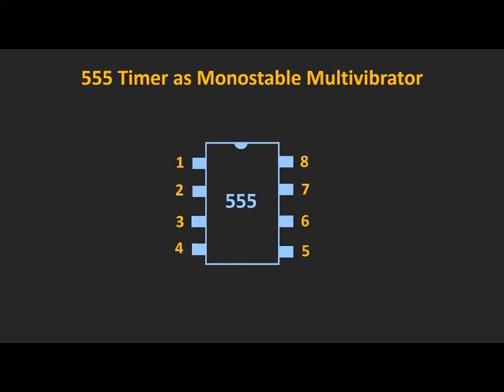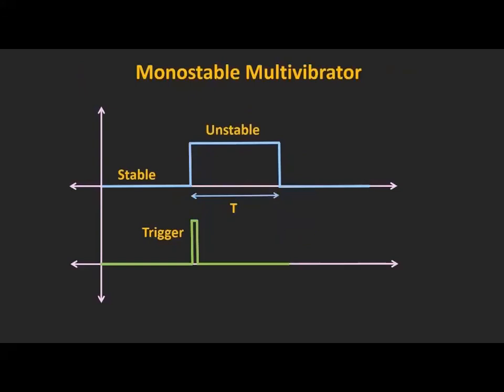Whenever we apply a trigger signal, it is going to generate a pulse. See here, in this diagram you can observe that the output stays at zero level until we apply a trigger.